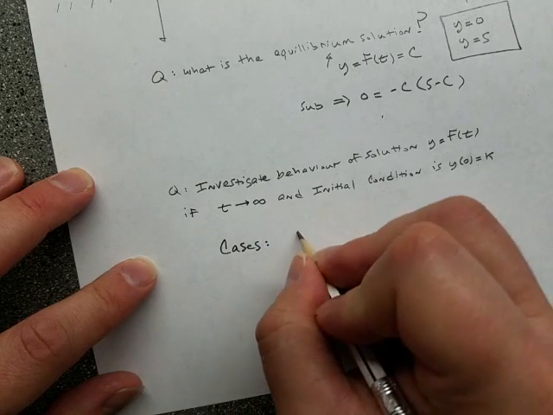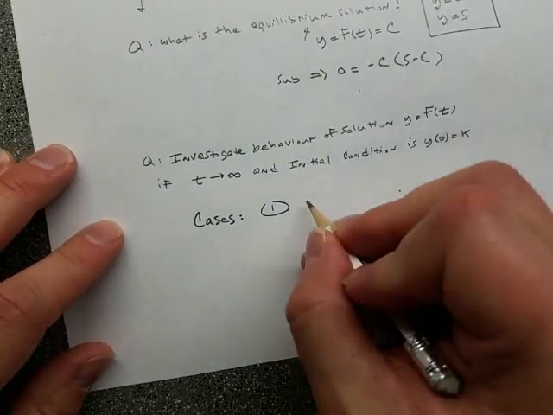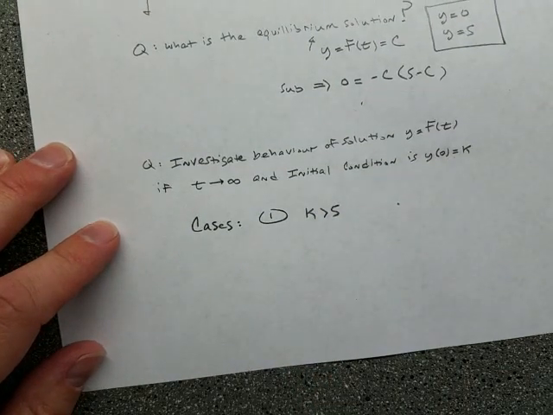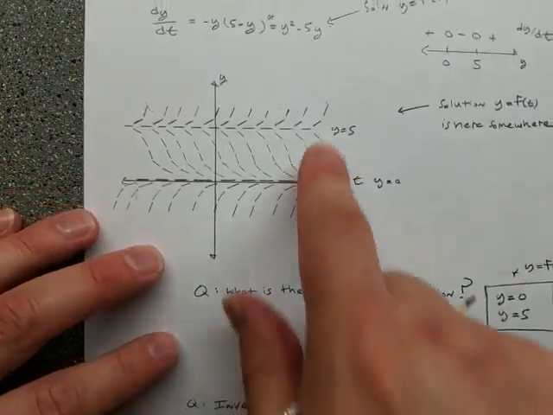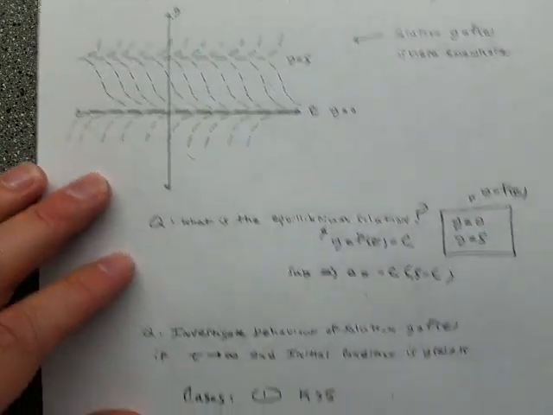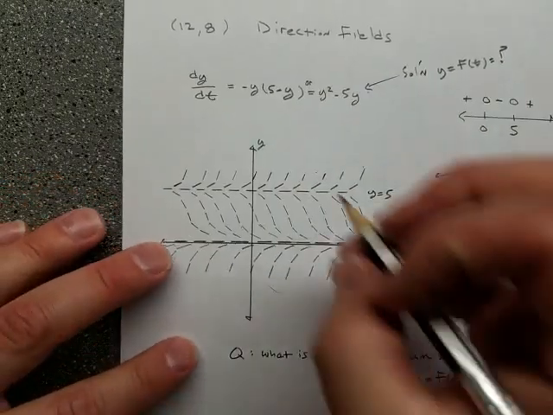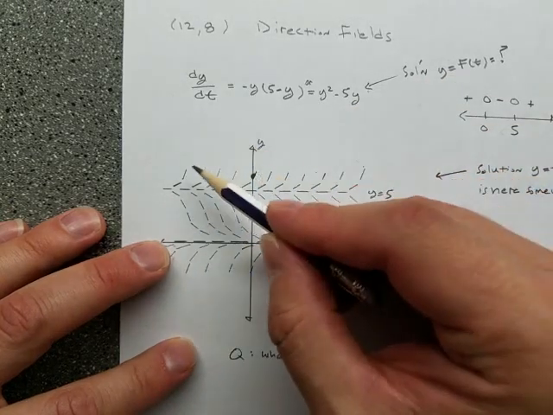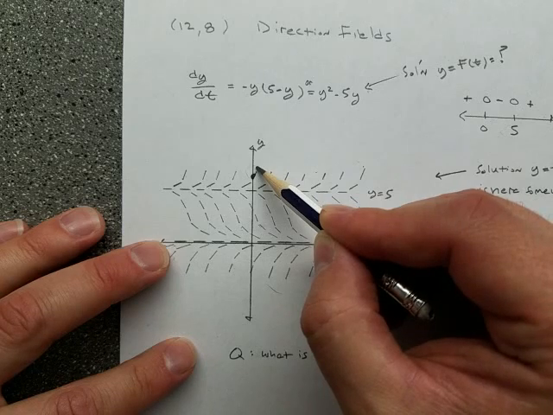Okay, so my first case, suppose that the initial condition was y of 0 was k, but k was greater than 5. That would mean there's some particular solution that abides by this field and has that point on it, which I suppose would be up there somewhere. So imagine there's this curve, it's got this point, it has positive slope right there.